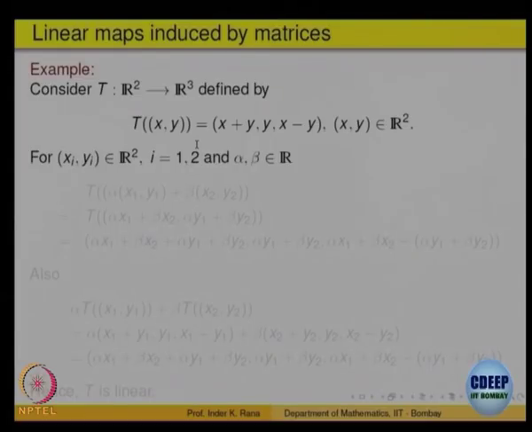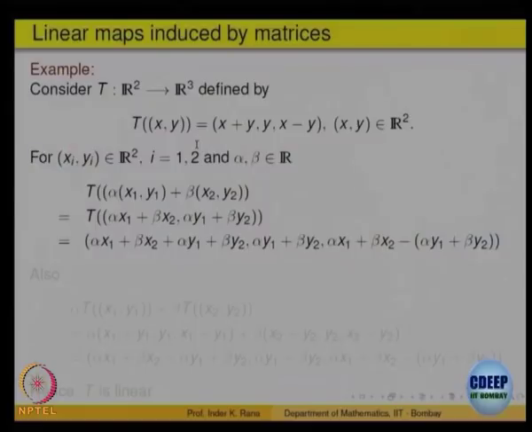Look at the images of the original points, T of (x1, y1) and T of (x2, y2), and take the linear combination. If those two are equal, then it will be a linear map. So, to verify this, let us look at T of alpha (x1, y1) plus beta (x2, y2). These two vectors are added, with scalar multiples. T of that we want to compute. So, first what we do is we add these two vectors here anyway.